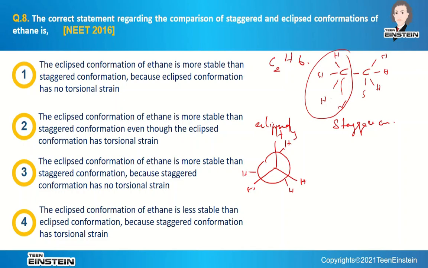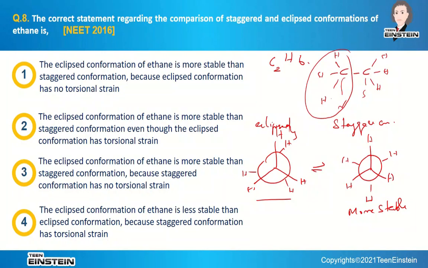So this type is called eclipsed conformation. Another one, that is staggered conformation, would be like this. So here the staggered conformation of ethane is more stable than eclipsed conformation due to the torsional strain.